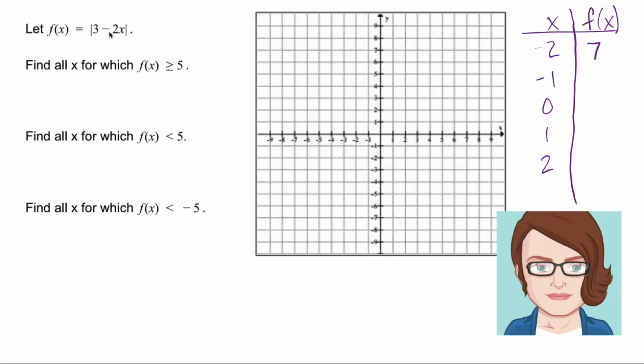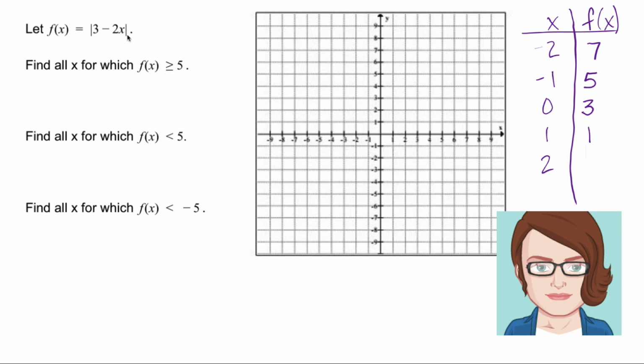For -1, -2 times -1 is positive 2. 3 plus 2 is 5. Absolute value of 5 is just 5. Plug in 0. That just becomes 0. Absolute value of 3 is 3. When I plug in 1, I get 3 minus 2, which is just 1. So the absolute value of 1 is 1.